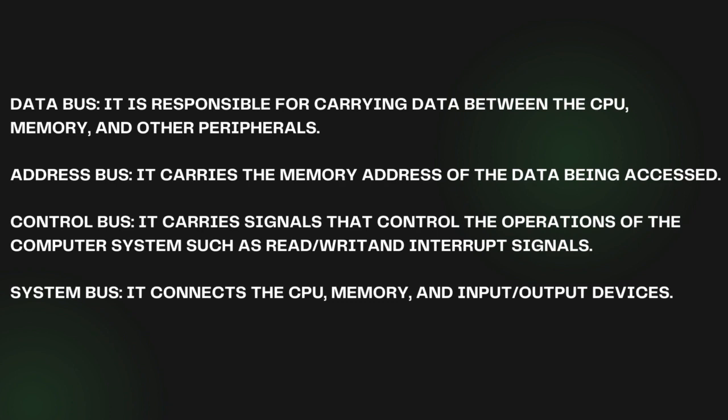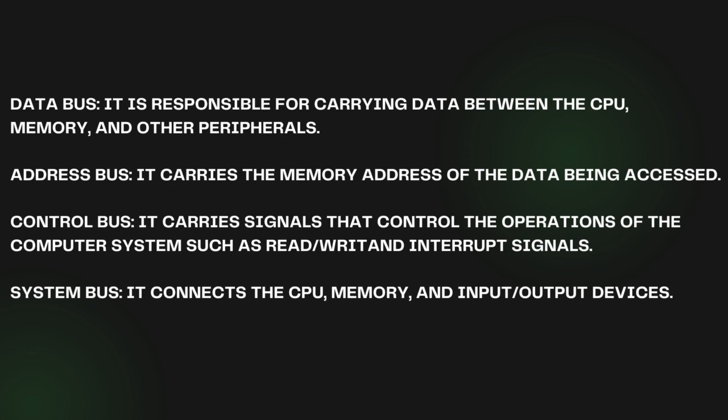Here are the conclusions on the types of buses in computer organization and architecture. First, data bus. It is responsible for carrying data between the CPU, memory, and other peripherals. Second, address bus. It carries the memory address of the data being accessed. Third, control bus.